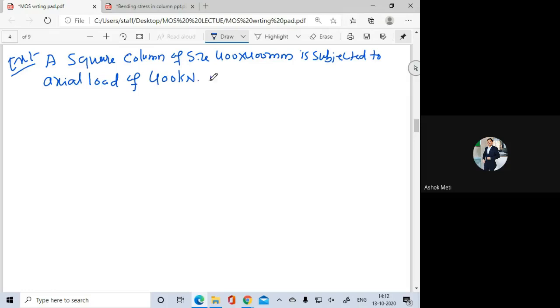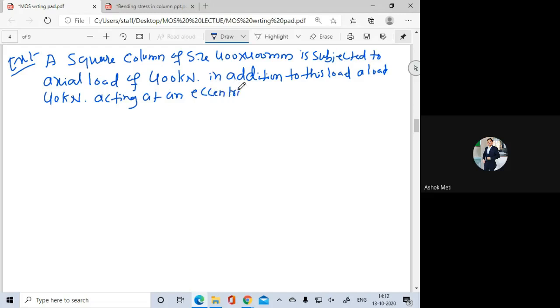In addition to this load, a load of 40 kilonewton acting at an eccentricity of 20 mm about both x and y axis.